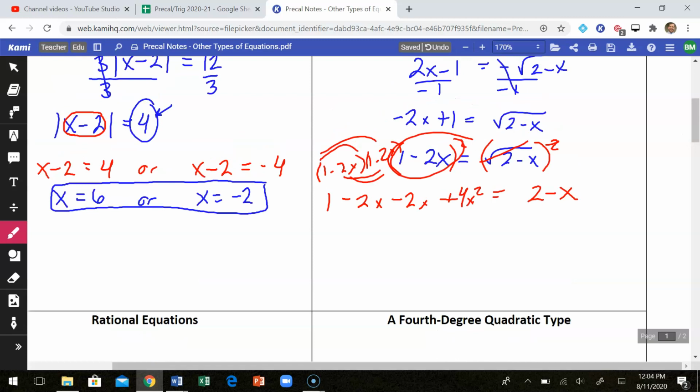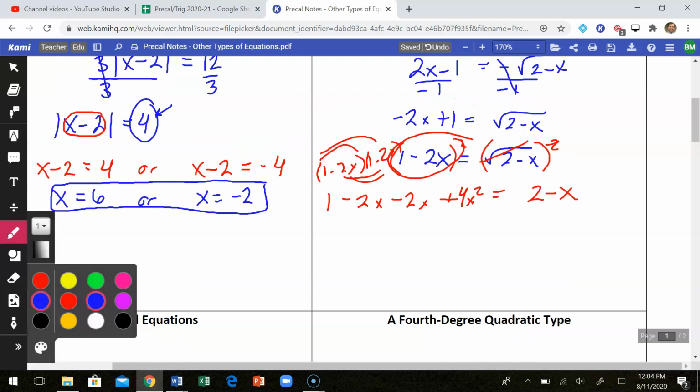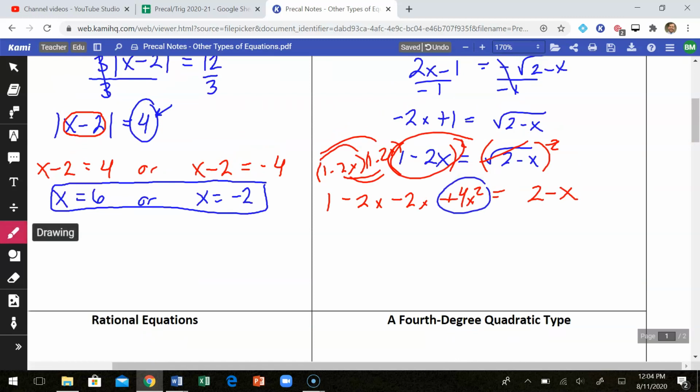Well, now I have a quadratic. A lot of times when you're solving a radical equation, you're going to end up solving a quadratic equation. So I'm going to move everything to this side so that I have my quadratic equal to 0, which is what I like.